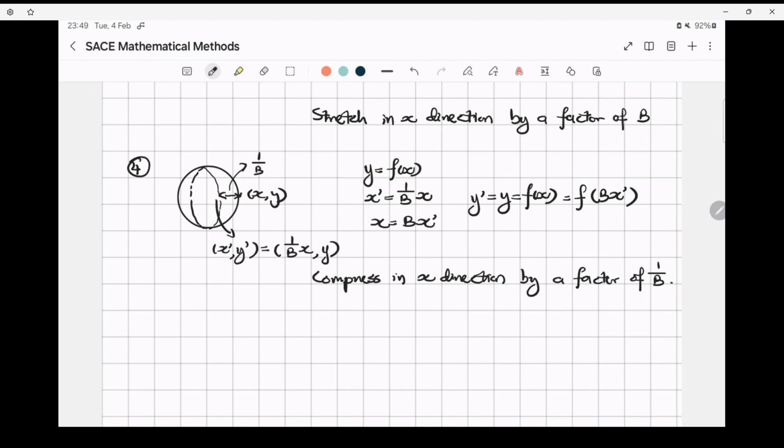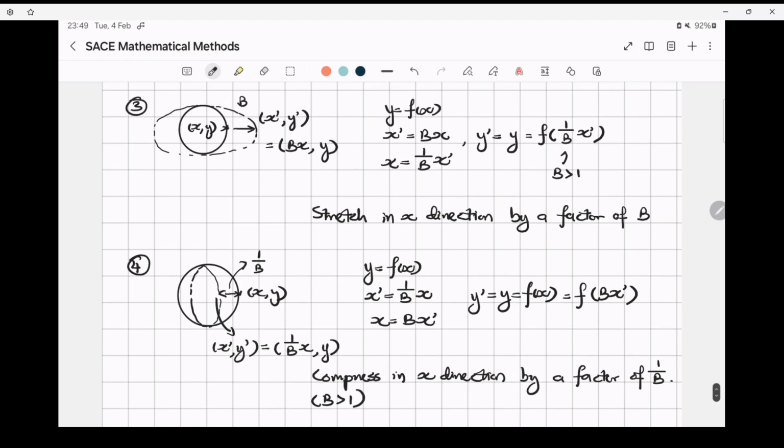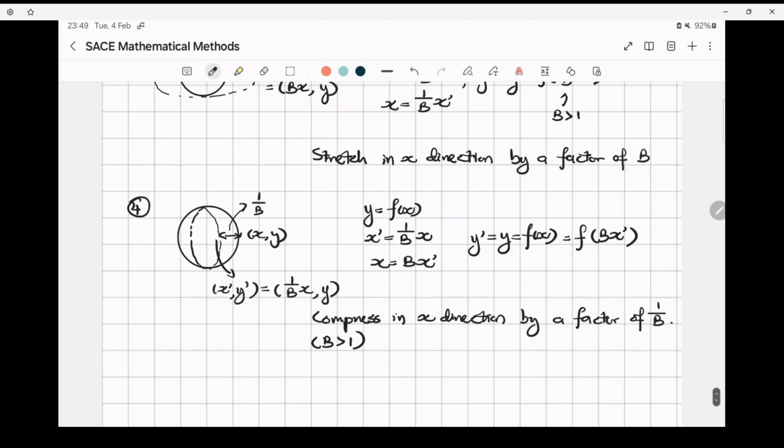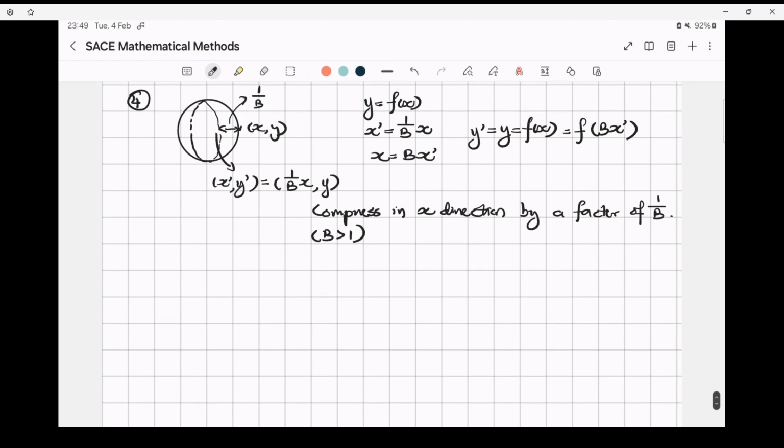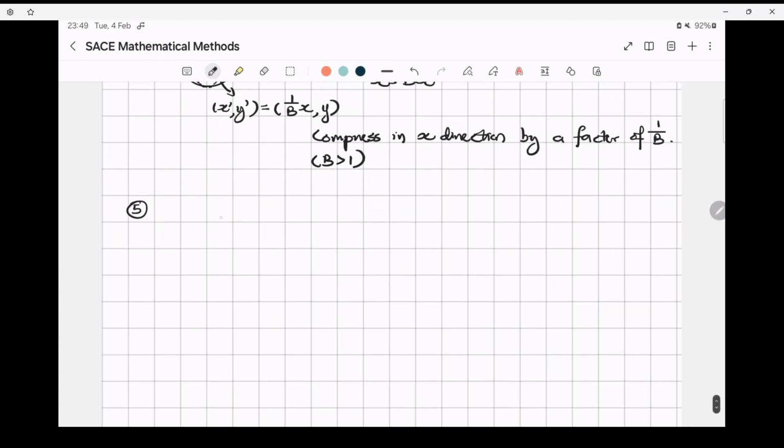Provided, of course, your b is greater than 1. So over here is the same thing, b is greater than 1. So after the stretch and compression, let's look at translation. So translation is relatively easier.